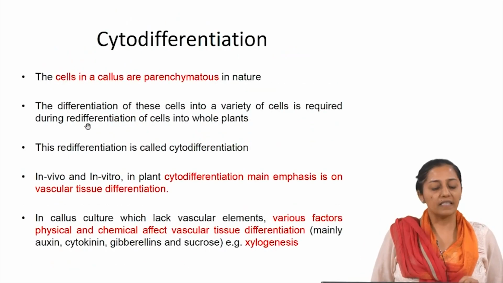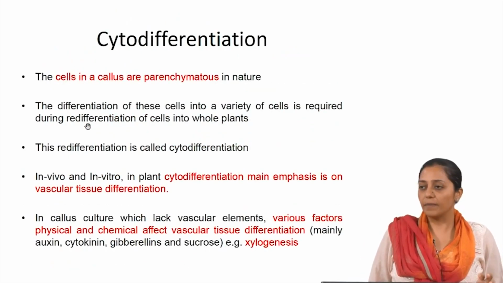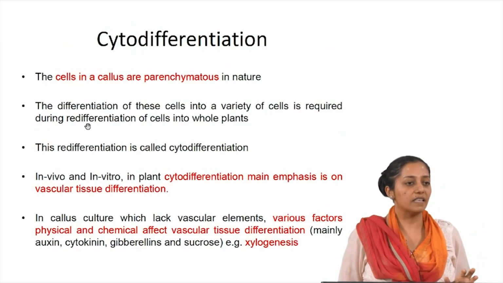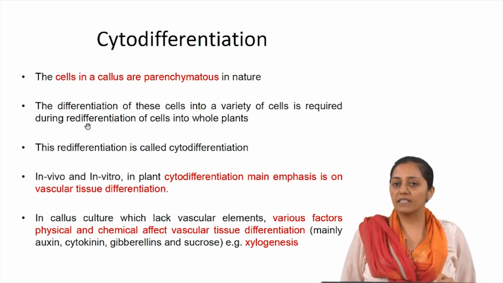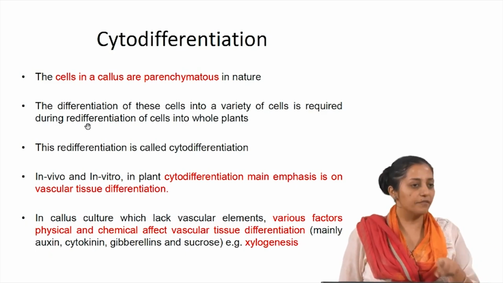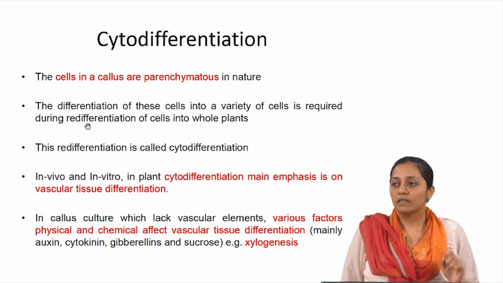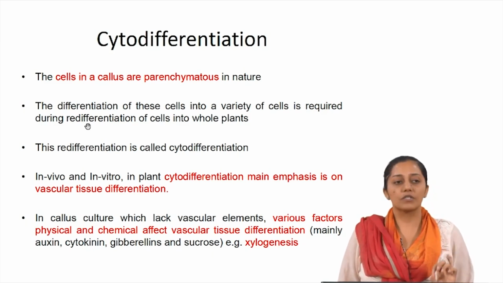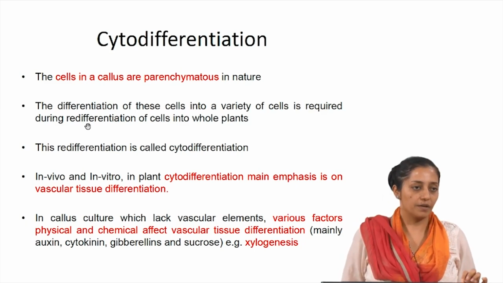The cells in a callus are parenchymatous in nature, which means generally all these cells are parenchyma cells. The differentiation of these cells to a variety of other forms of cells needs the cells to be redifferentiated. This redifferentiation stage 1 is called cytodifferentiation.